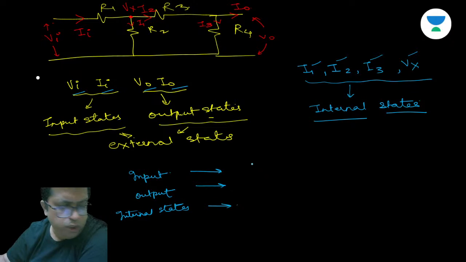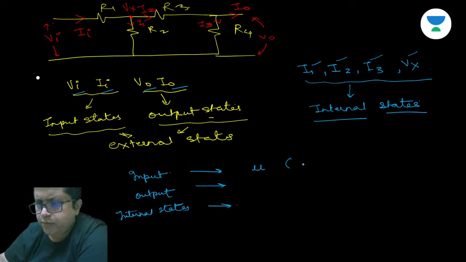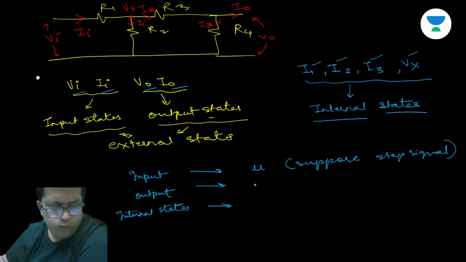Input is usually denoted by a signal, suppose a step signal, denoted by U. Output is denoted by Y and internal states are denoted by X.